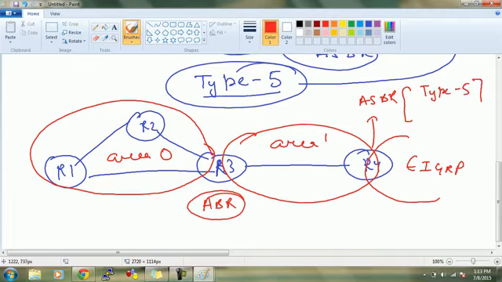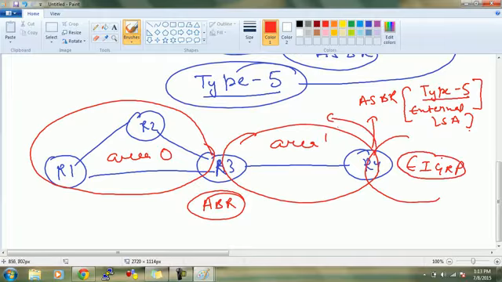Type 5. Type 5 LSA is called external LSA. First thing, whenever I redistribute EIGRP into OSPF, I have to define metric. That metric is called cost, and that metric is predefined. The value is 20.